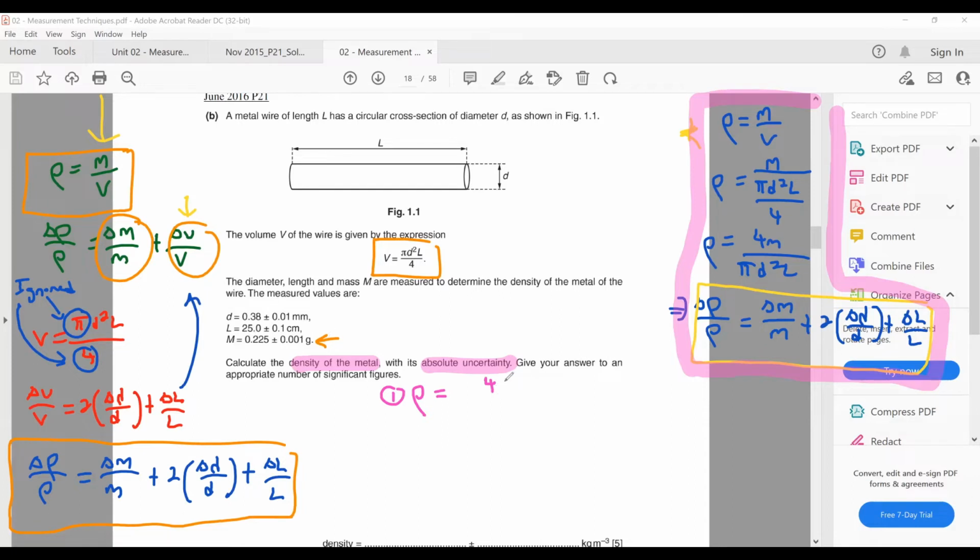You need to change to kg: 0.225 divided by 1000. Then it is pi d square. D you need to change to meter: 0.38 times 10 power minus 3, squared. And then your length is in centimeter. You need to change to meter.